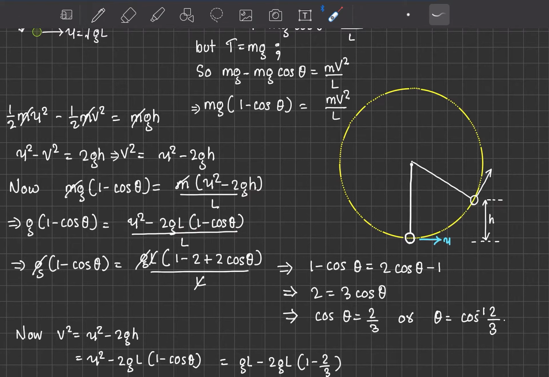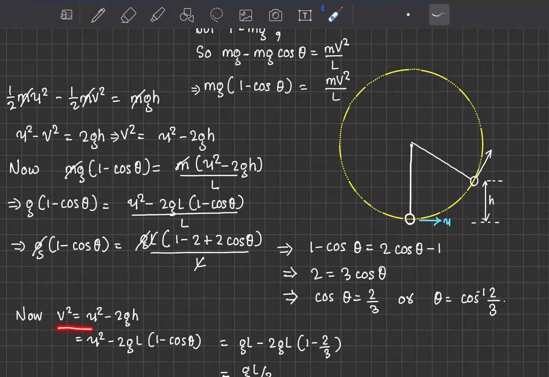Now we solve it. From both sides the g will be cancelled, and by solving this equation we get the final form: 1 minus cos theta equals 2 cos theta minus 1, or 2 equals 3 cos theta, and theta equals cos inverse 2 by 3. This is the value of theta we get. Now we can use this value of cos theta in the equation of T, or simply use it in the equation of velocity.